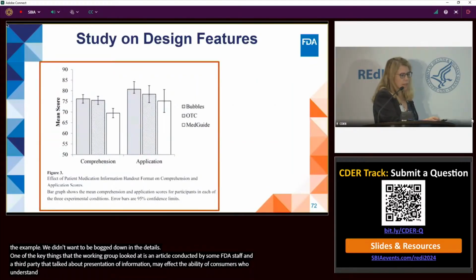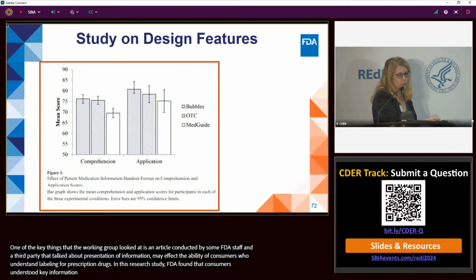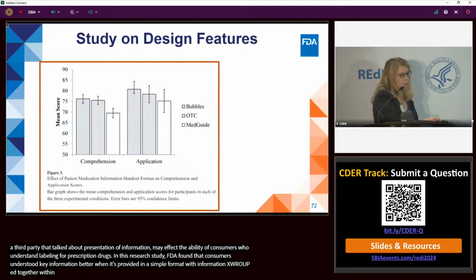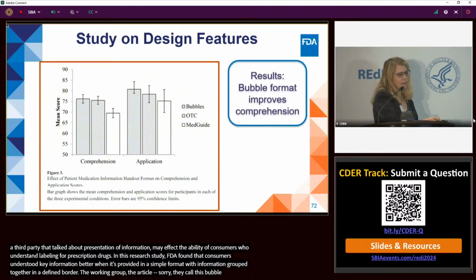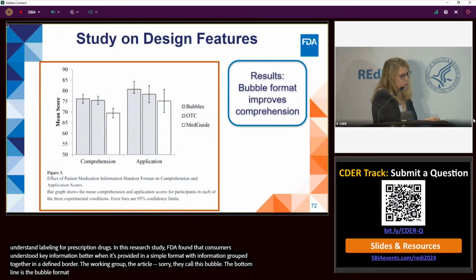In this research study, FDA found that consumers understood key information better, understood the prescription labeling better when it was provided in a simple format with information grouped together within a defined border. The article folks called this bubbles. And the bottom line is that the bubble format actually really worked and it improved comprehension. It was compared to an OTC labeling document and the med guide document.